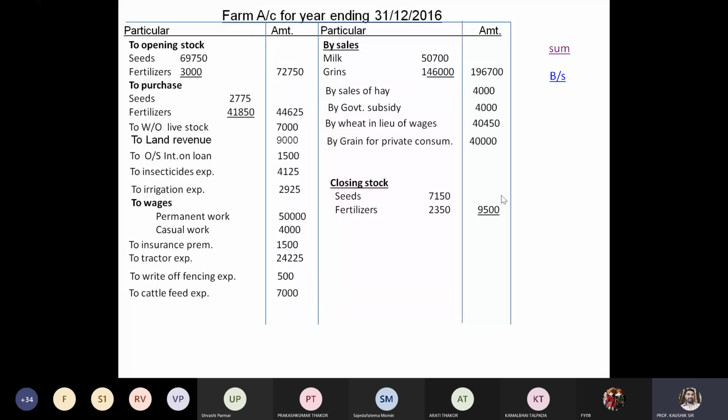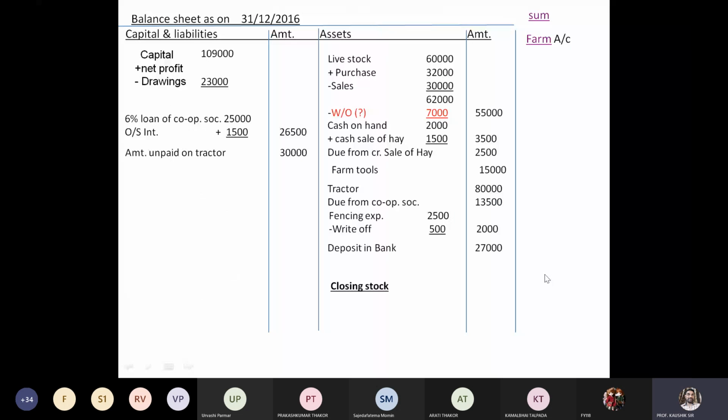Second effect will be given as assets in the balance sheet. Total 9,500 for both seeds and fertilizer.